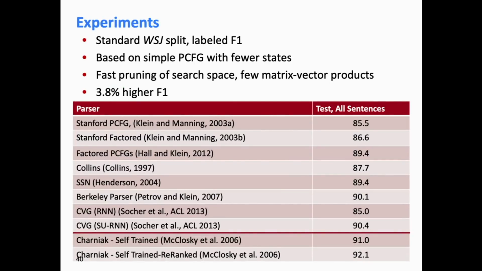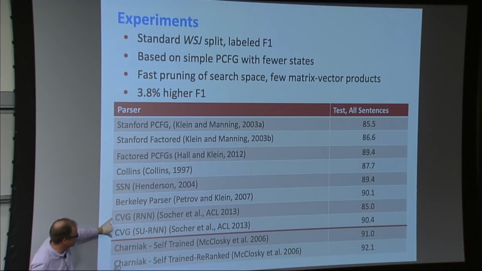And yeah, so essentially, at the time, this actually gave a pretty good constituency parser. So there are lots of results here. The top ones are our classic older Stanford parser, which is a PCFG, and other parsers that people had built. This is our compositional vector grammar.